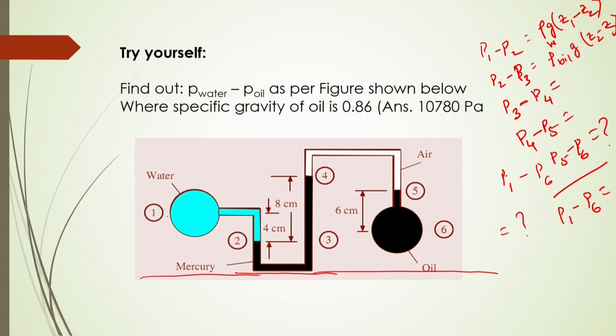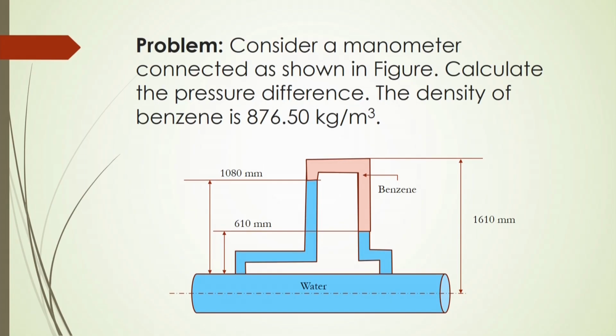And for P3 minus P4, again rho oil into g into (z3 minus z4), similarly like this. Then finally P1 minus P6, after substitution, you get the final value of 10780 Pascal.